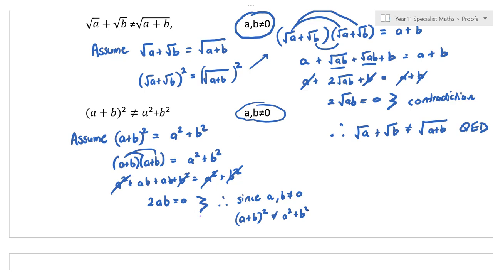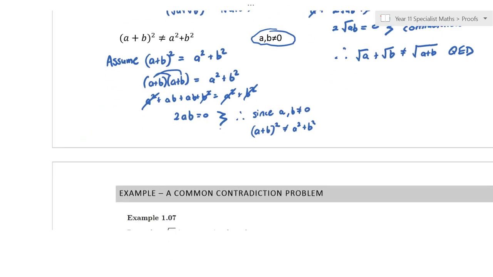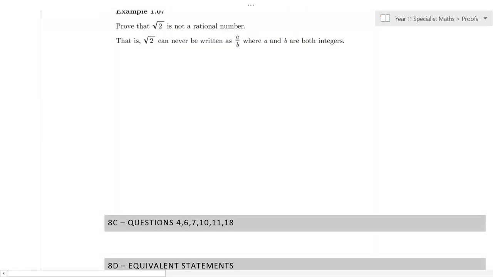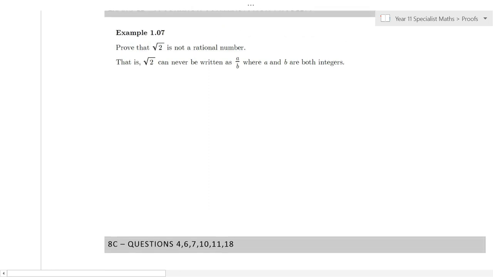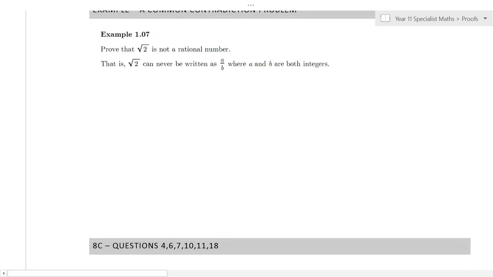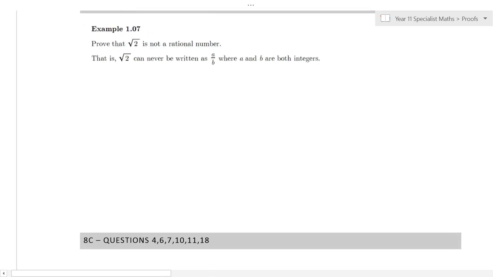The problem is it gets a little bit harder with some of these other ones because it's not necessarily about the algebra, it's about the assumption, okay? So this one is a typical one: proving that something's irrational, or proving a log is irrational. We're going to do this together. Now let's have a look at this question. It says, prove that root 2 is not a rational number.